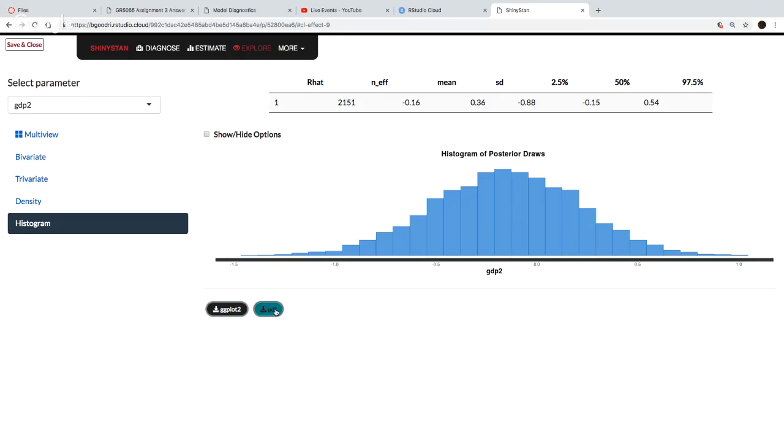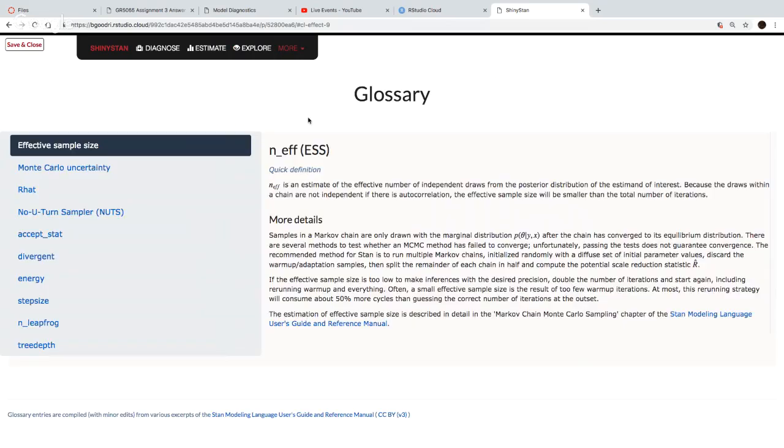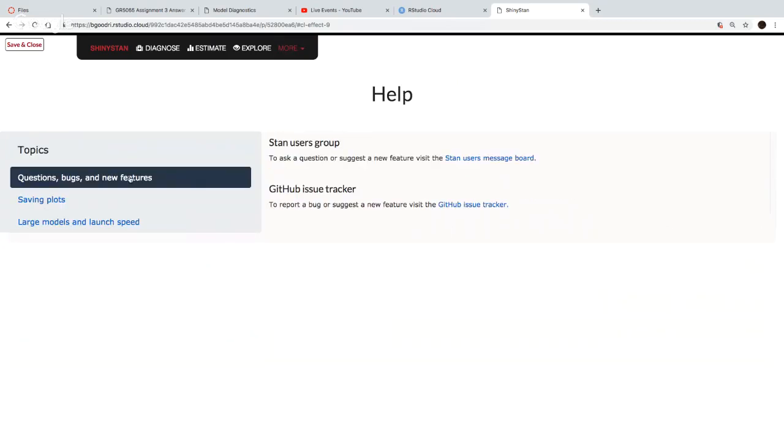Or if you just want a PDF of this to stick in something else so they don't have to look at it in a web server, you can click on the PDF thing and it'll download a PDF of this plot. You click on more, and there's a glossary, which is good, of these terms, where you can get more information in terms of help for how to use these things.